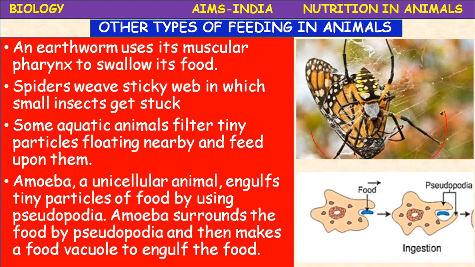And here in the amoeba, see, it extends its pseudopodia, surrounds the food particle and develops a food vacuole around the food particle or prey, which consists of some digestive enzymes, and it digests that food particle inside the food vacuole.